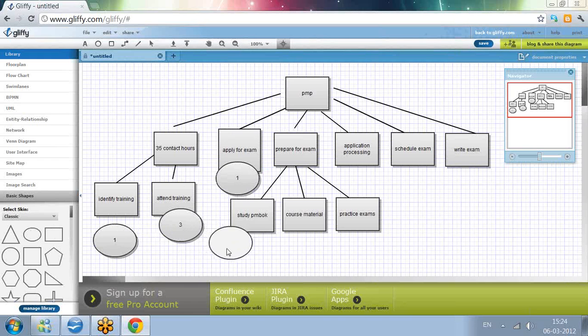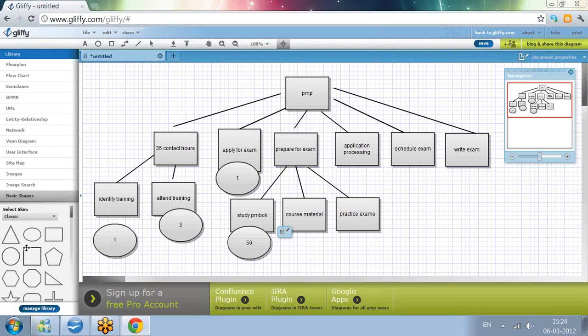Study PMBOK, when I say study, we'll have to read it at least 3 times. The first reading could be a very quick reading, the second reading a detailed reading, and the third reading just a quick revision. So here we are talking about study PMBOK taking approximately maybe 30 hours. It will take around 50 hours, let's say.